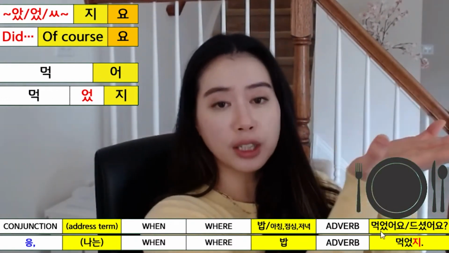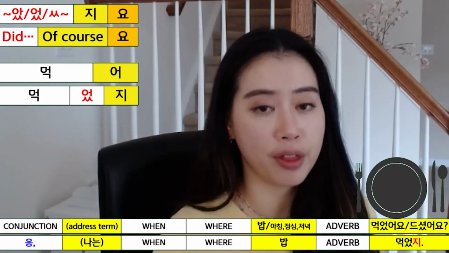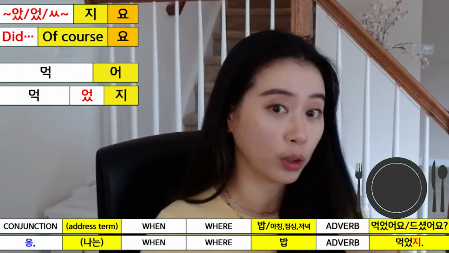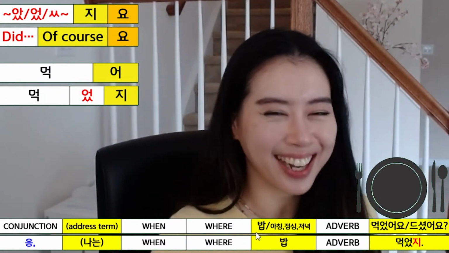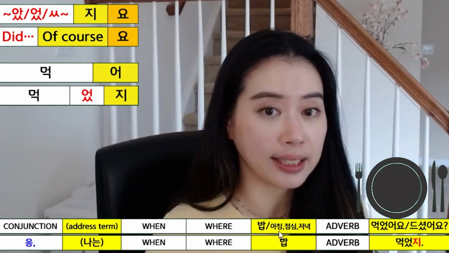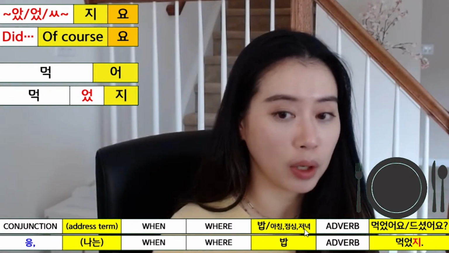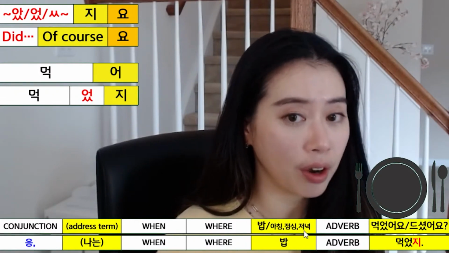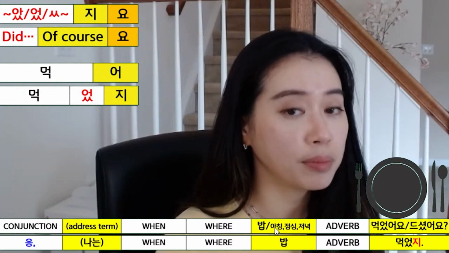To honor somebody who's older and higher than you, you'll use 드시다, the honorific form of 먹다. And 밥 doesn't sound polite enough. So you will instead say exactly what you're talking about. 점심 드셨어요? Did you have lunch? 저녁 드셨어요? Did you have dinner? 아침 드셨어요?